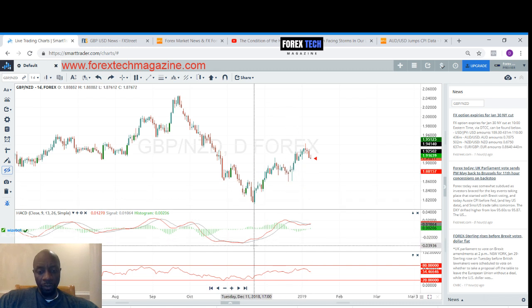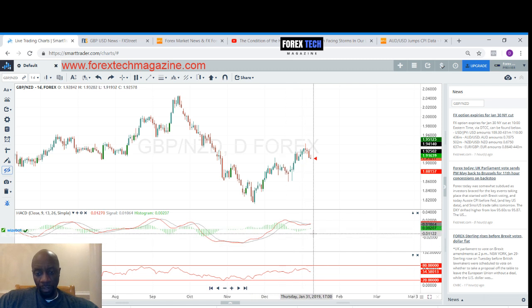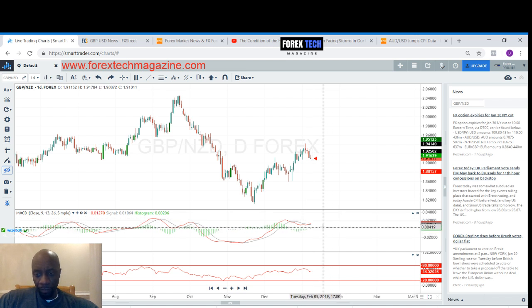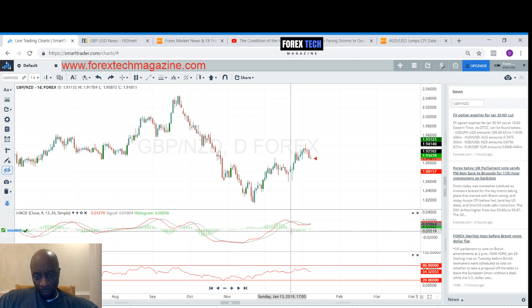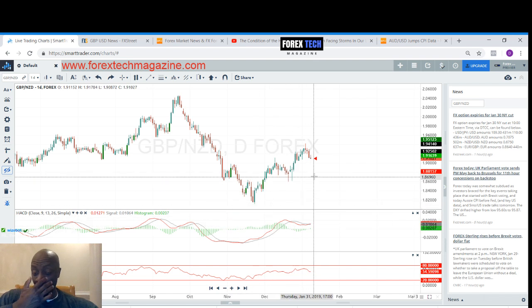If we look here on the daily chart, we actually see that your MACD is in bullish territory. What we mean by that is it's over the median, so it's positive. And if you look at your histogram, it's pushed over to the bullish side as well, right? So this indicates that we're in an upward trending market for the moment.